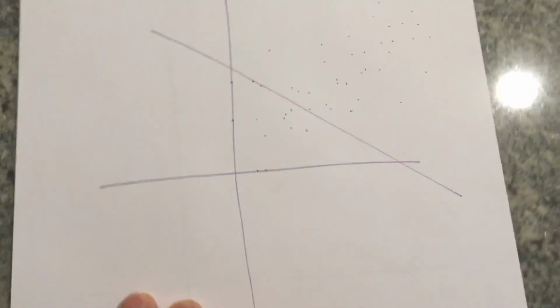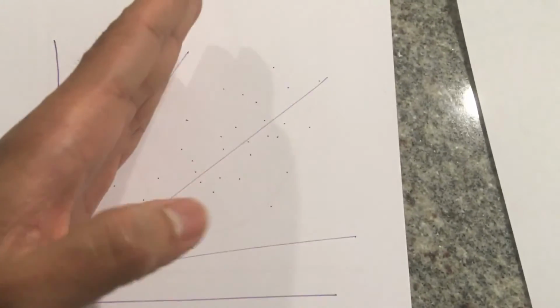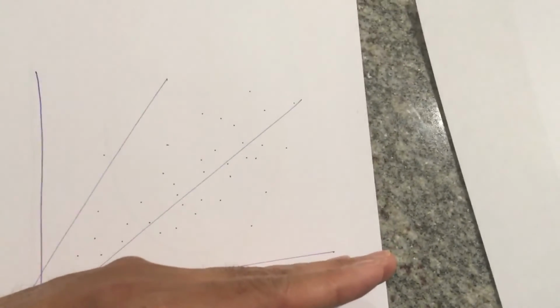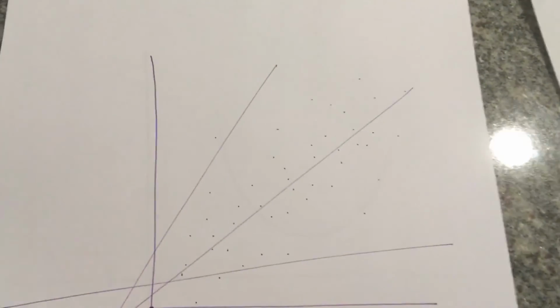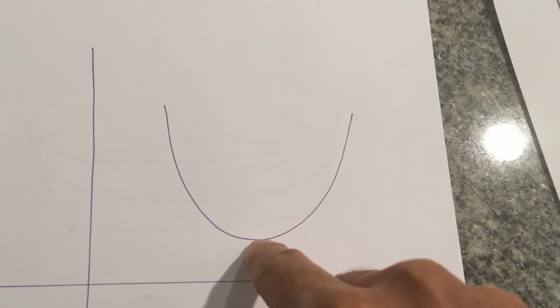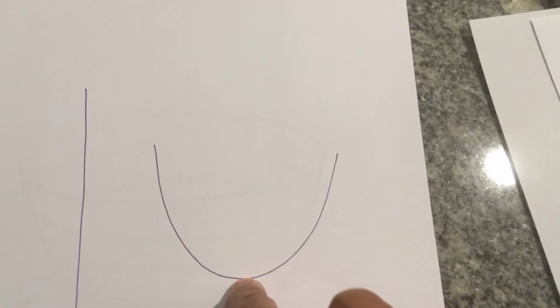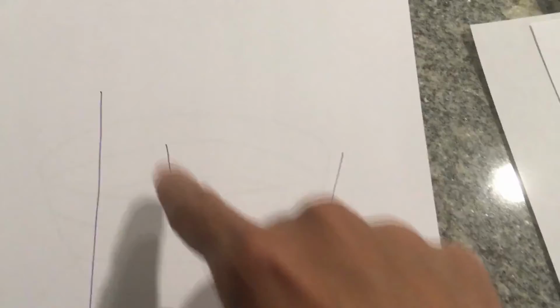So you can imagine that this is the best line, and for this line the cost is slightly higher, and for this line also the cost is slightly higher. So if you were to visualize this cost, it would have a minimum value somewhere, right? This is corresponding to the actual real solution, and the cost goes up on both sides of that line.